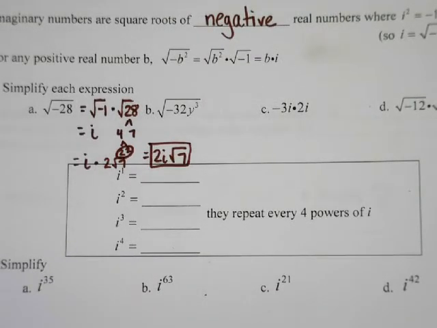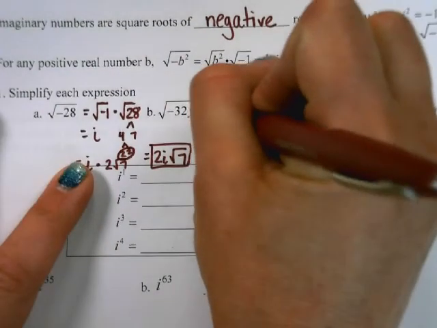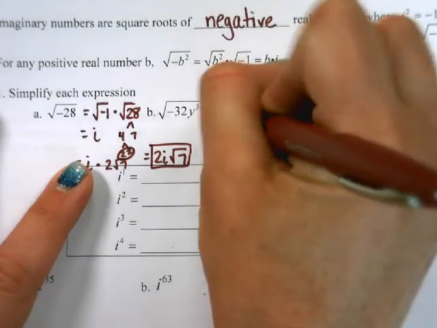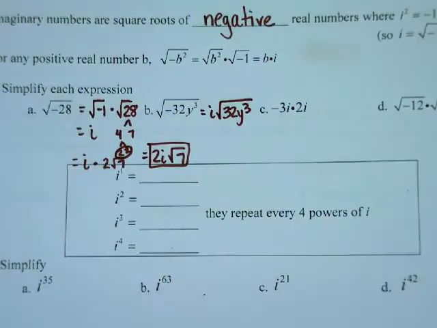Okay, so look at letter B there. I have a negative under a square root. So the first thing I'm going to do is take out an i. So this is really i times the square root of 32y cubed. And then I'm going to do that 32y cubed just like we've been doing the whole time. So factor tree it and see what comes out.